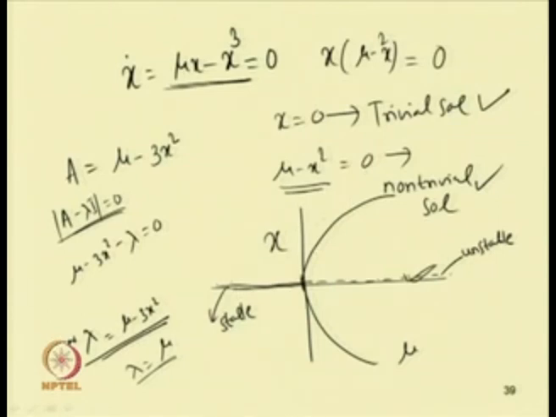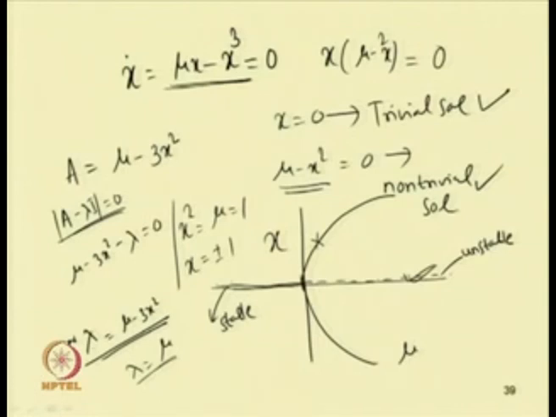So, let us take mu equal to 1. If mu equal to 1, we will have x square equal to mu, or this is equal to 1. So, x becomes plus minus 1. Let us consider the plus, which corresponds to x equal to 1.